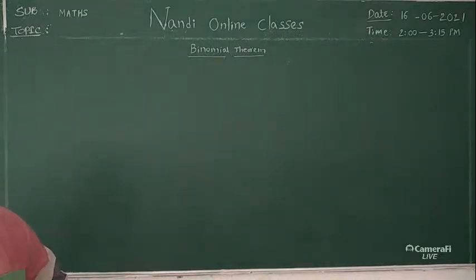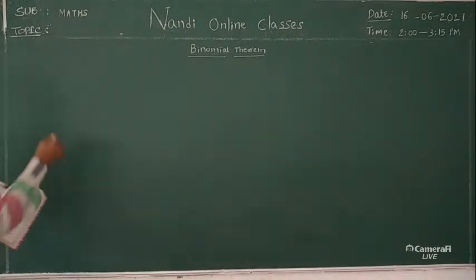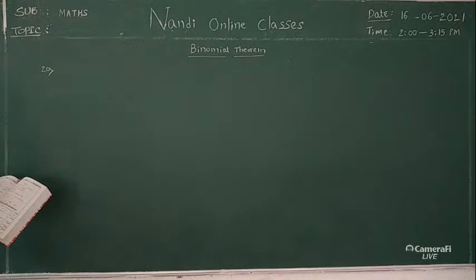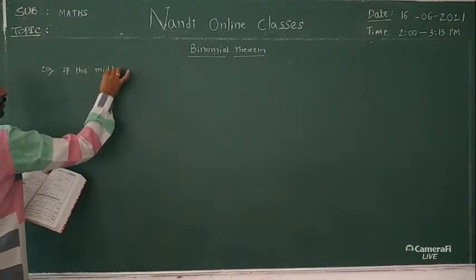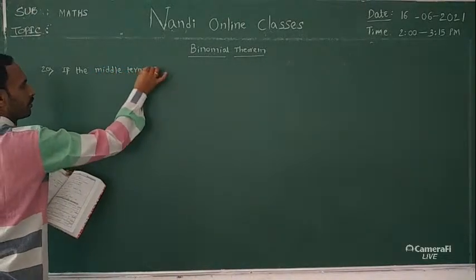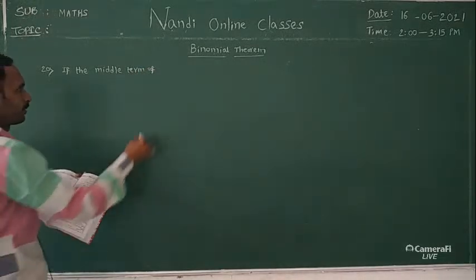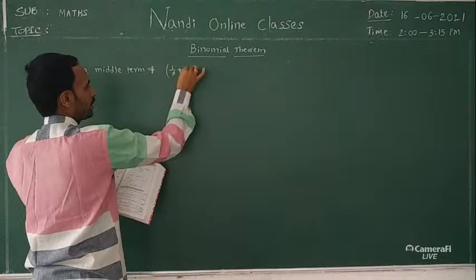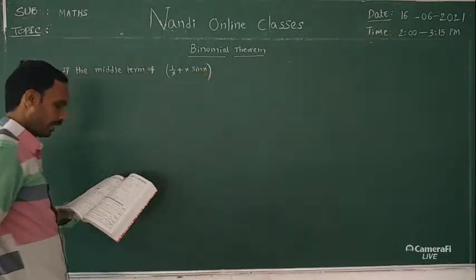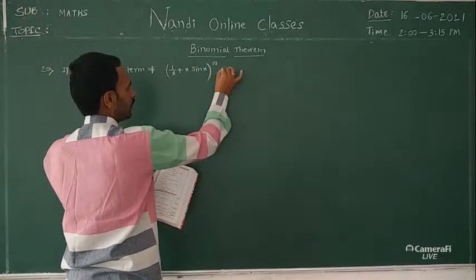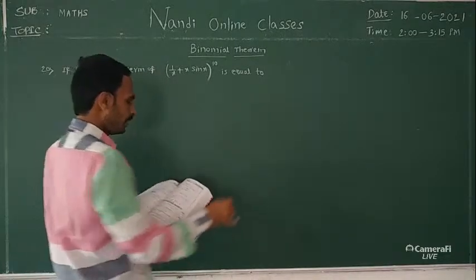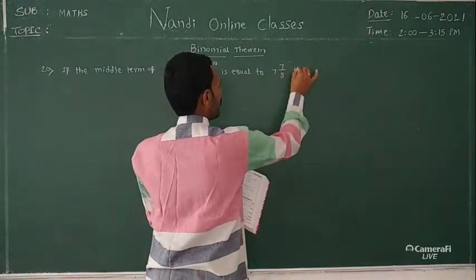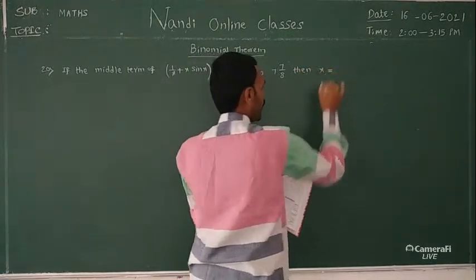Okay, right, 20th problem. If the middle term of (1/x + x sin x) whole power 10 is equal to 7/8, then x is equal to what?